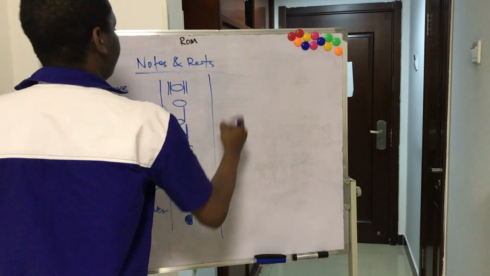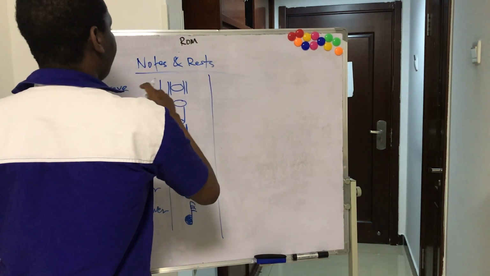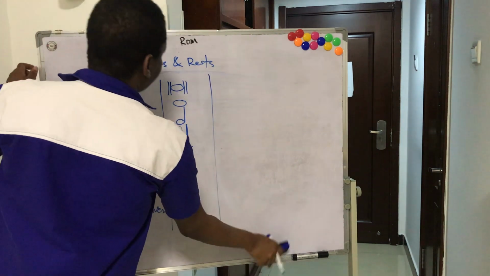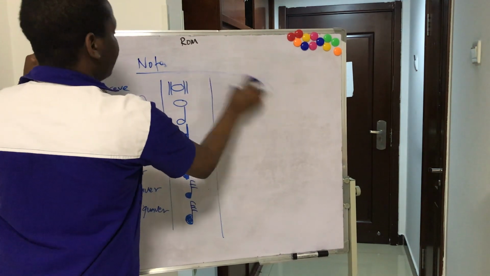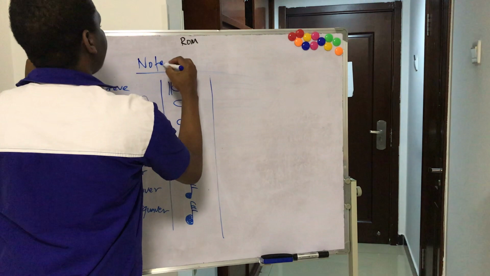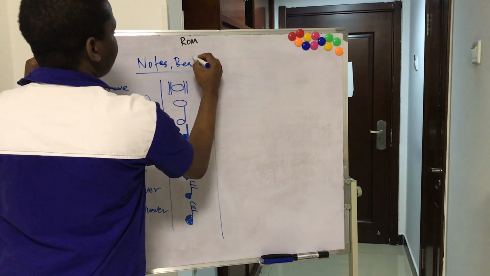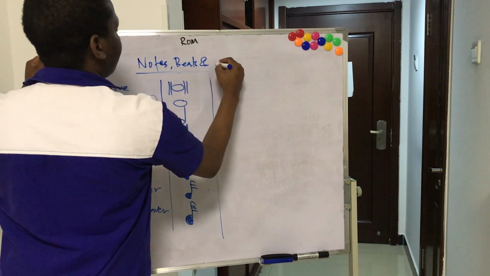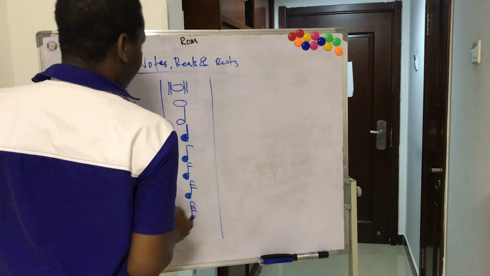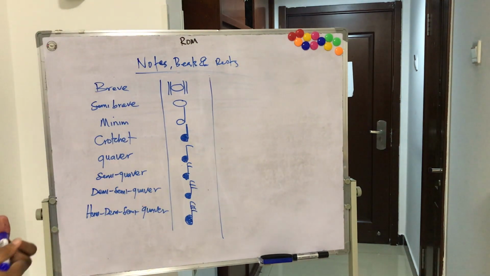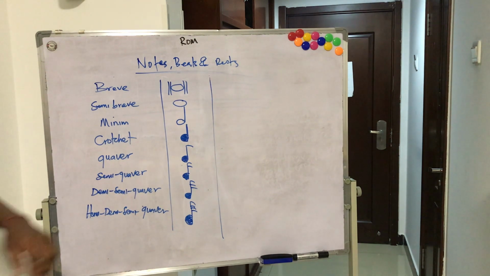Now let's talk about their beats. Notes, beats, and rests. You need this; it's very handy when you're playing your keyboard, because with any musical instrument you play, you need this, especially when we're talking about beats.